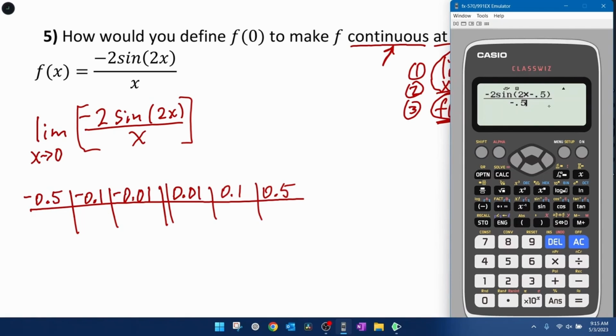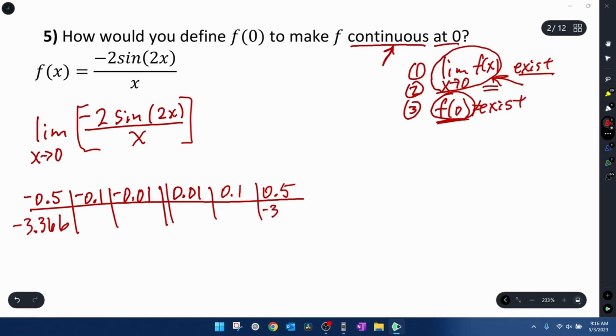Here I've replaced the x's with negative 0.5, and we're going to get negative 3.366 rounded. And then with the ClassWiz, it's super easy to simply scroll back and delete the negative signs. Without having to retype the whole thing, you can get the positive 0.5 value. And we see that that is symmetric.